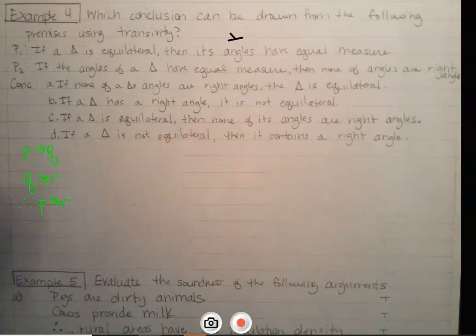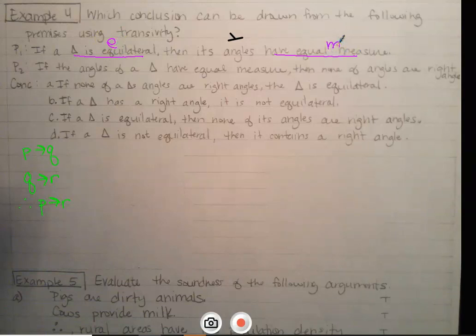And let me change that color up a little bit. Okay, so let's see, our premise is if a triangle is equilateral, then its angles have equal measure. All right, so let's use E for equilateral and M for this equal measure idea.